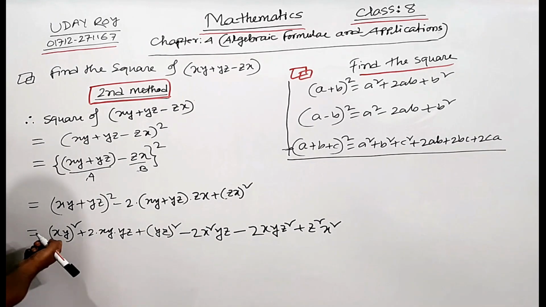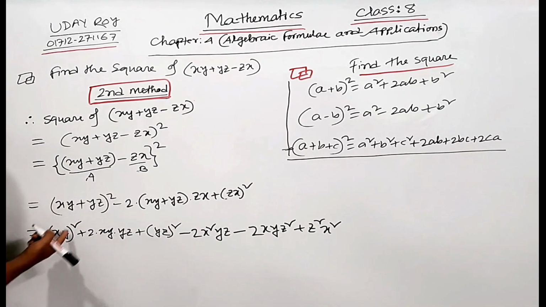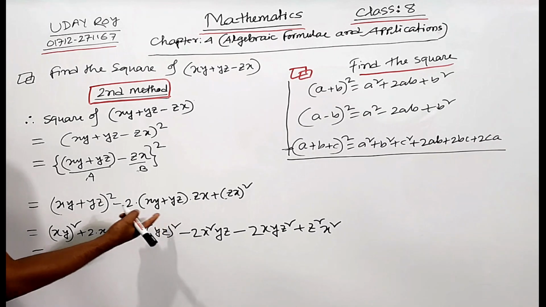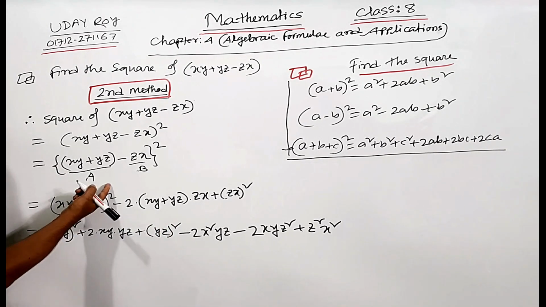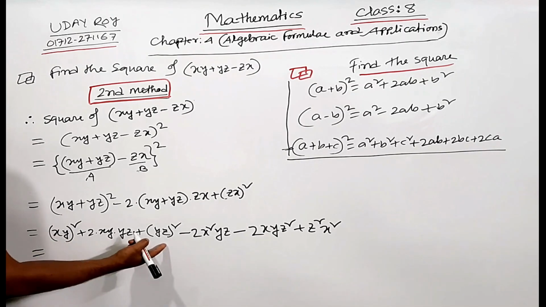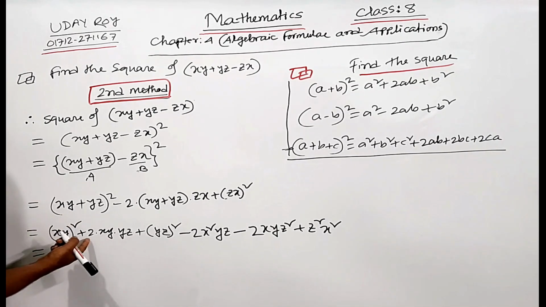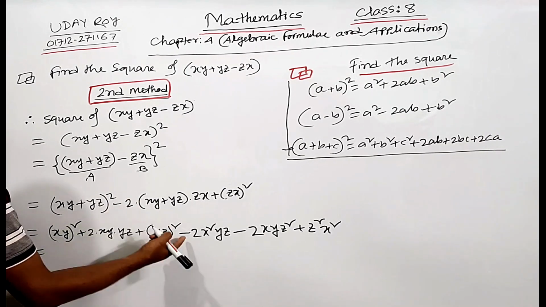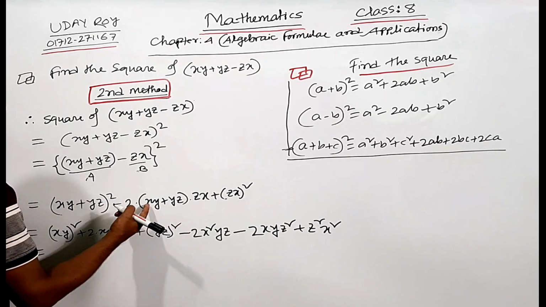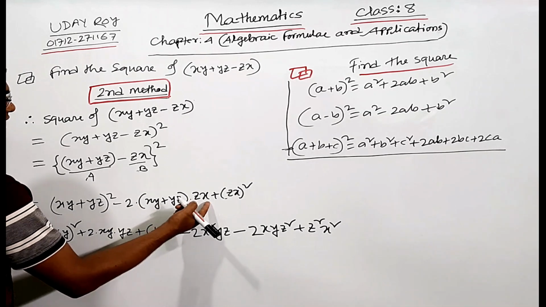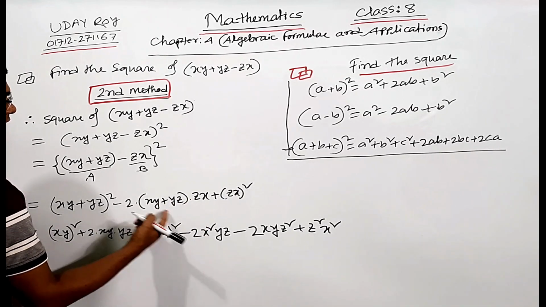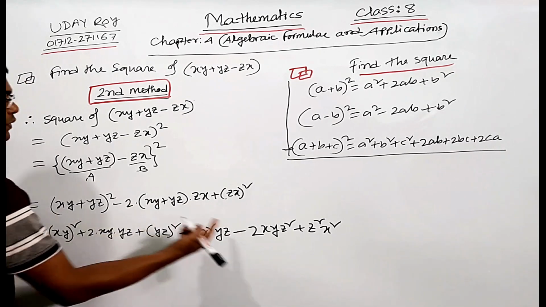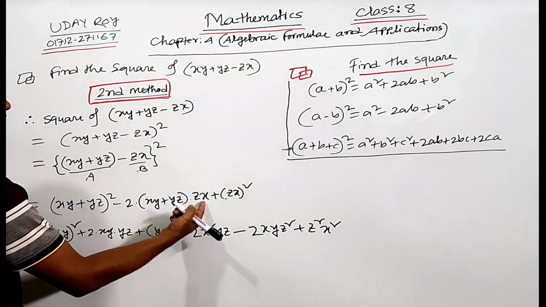Now come back, here we have got xy plus yz whole square. We have got xy whole square plus 2 into xy into yz plus yz whole square. We have used here a plus b whole square, a square plus twice ab plus b square. Already we have done xy whole square plus 2 into xy into yz plus yz whole square, minus a minus plus a minus, here is 2, here is 2, xy. So xy into zx, so x square, here is y, here is z. And minus plus a minus, here is 2. So you can see here yz into zx.